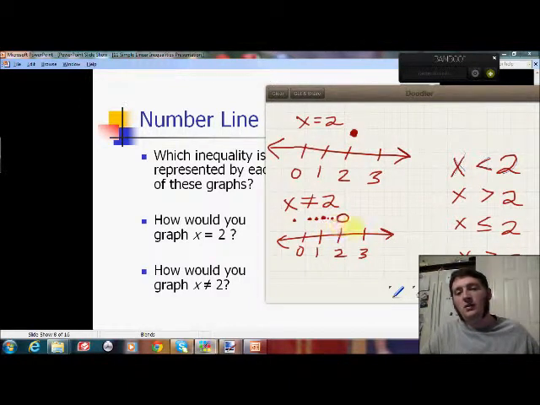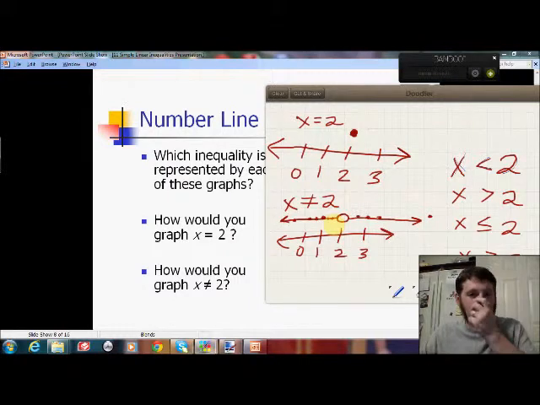And next thing you know, well, wait a minute. 3 is also a solution, and so is 4, and 2.5, and 7. And so the common theme here is that you got solutions going in both directions. And so that's actually the graph of x is not equal to 2. It's the open endpoint at 2, and then it points in both directions.